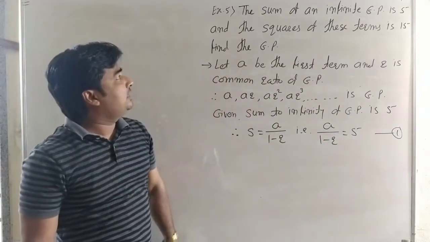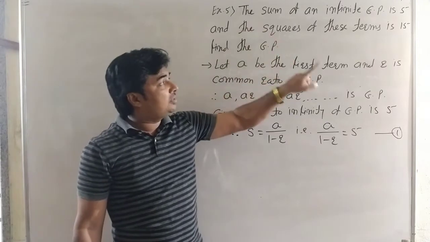Now the second condition: it is given that the sum of the squares of these terms is 15.